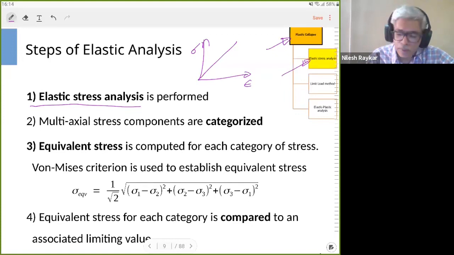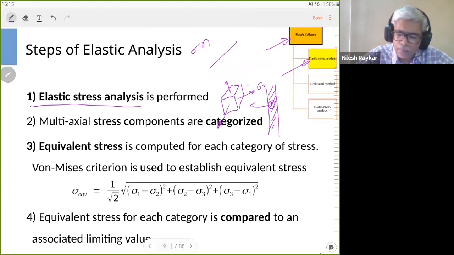So the stresses we are talking about here are not the stress we generally talk about in terms of a single stress, but a full stress state. At any point of the vessel, if this is a vessel cross section and you take any point and zoom in, you will find that it is subjected to 3 normal stresses: sigma x, sigma y, sigma z, and there will be 3 shear stress components acting there.